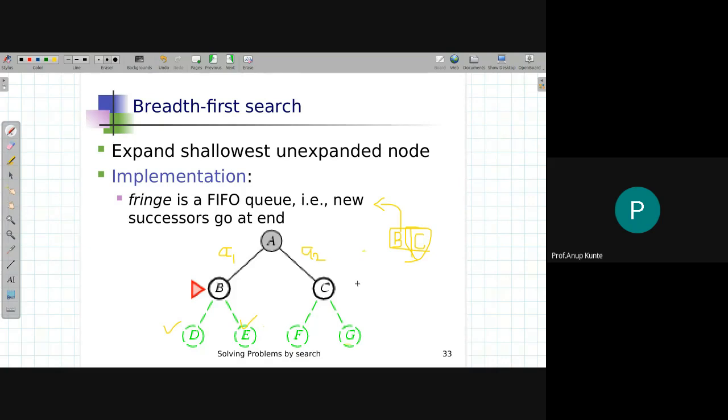C is at depth level 1, whereas D and E are at depth level 2. So C will be ahead of D and E. That is how we decide to put D here and then E here. We have already taken B out, so the queue right now has only C, D and E. These three nodes are in the queue.